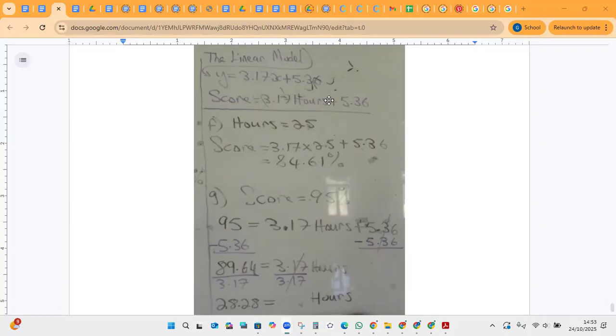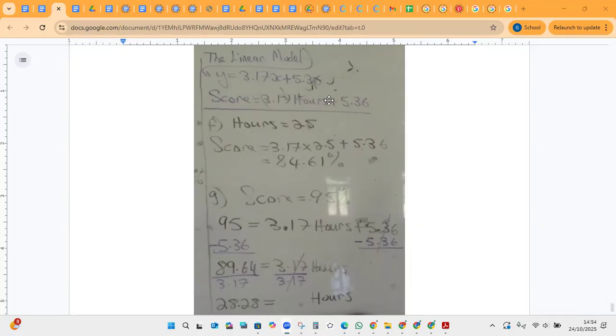For example, according to what the data is revealing, if you study for about 25 hours, you should score about 84.61% in that exam, all factors remaining constant. So you put 25 into the variable hours.